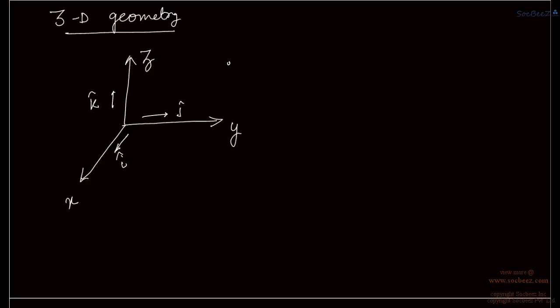So if we want to represent a point, say this point is 1, 2, 3 and this is origin. So position vector of this point can be represented as i plus 2j plus 3k, okay. So we are going to study this three-dimensional geometry by linking it with vector. Okay, so we have a point and we represent it as a position vector in vector.